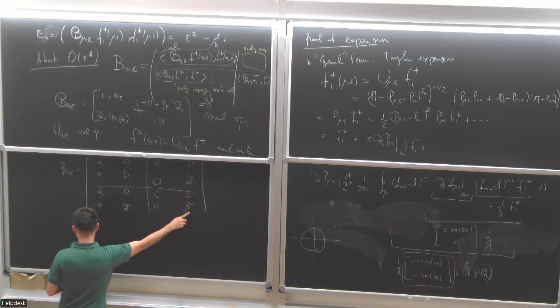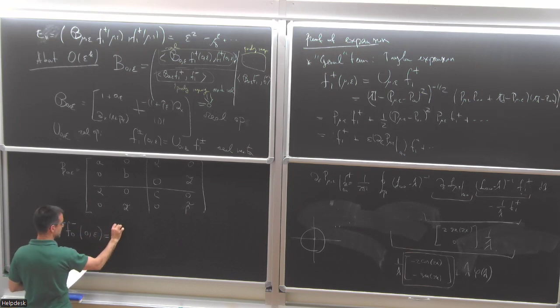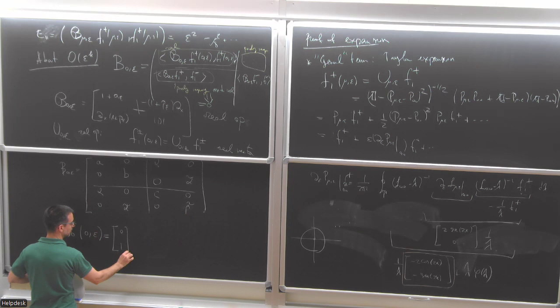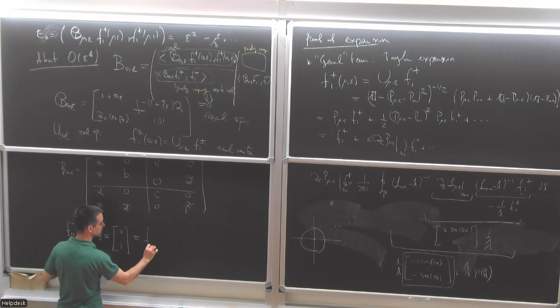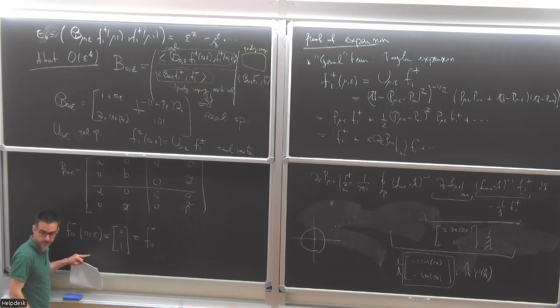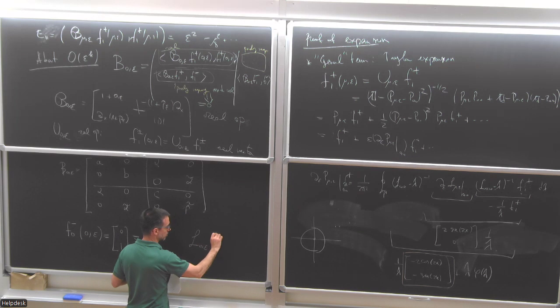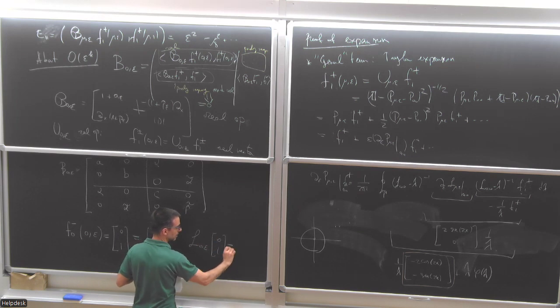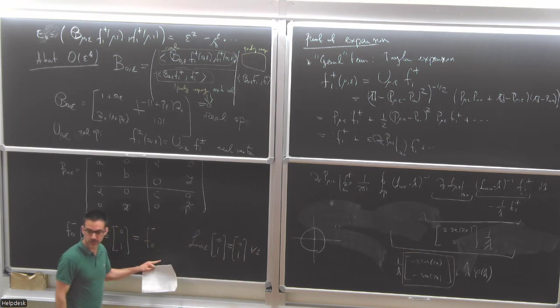But moreover, what do you have here? This last column: you can also prove that F0 of 0 epsilon is actually always the vector 0, 1, which corresponds to the Ampere-Thorne vector. The reason is that L0 epsilon applied to 0, 1 is always 0, 1 for all epsilon.